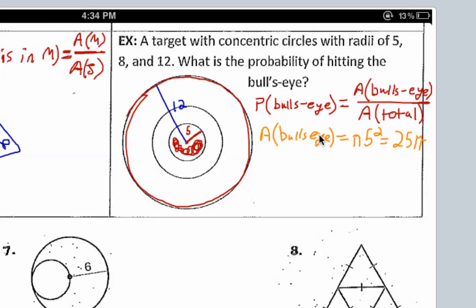All right, so that means the probability of hitting the bullseye equals 25 pi over 144 pi.